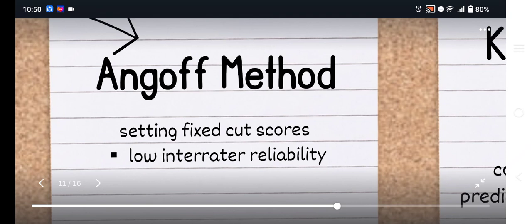The disadvantage naman po nito is when there is low reliability and major disagreement regarding how certain populations of test takers should respond to the item. Okay?